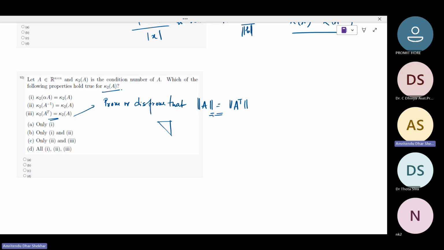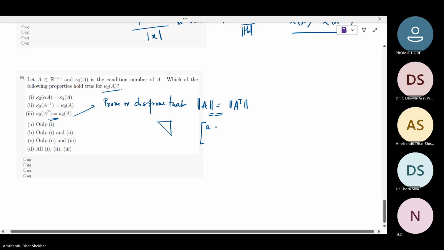Say you have a matrix like this: A, B, zeros. If you take the transpose of this, you get A, zero, B, C.